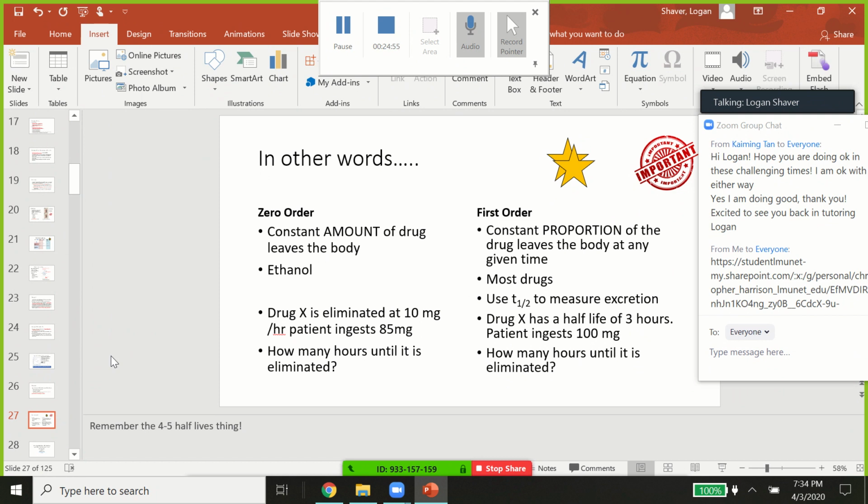Since there's 85 milligrams of drug X, it's going to take 8.5 hours, because it's doing 10 milligrams every hour. That's what a zero order kinetic drug looks like. On a chart, it would be a straight line, a lot straighter than first order, which is more of a logarithmic type graph.